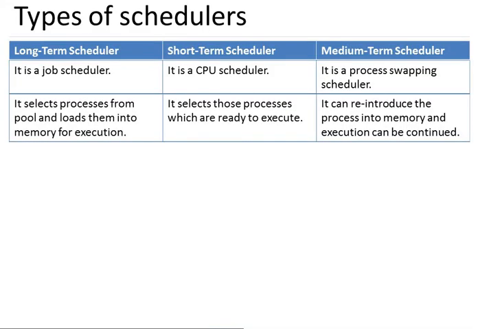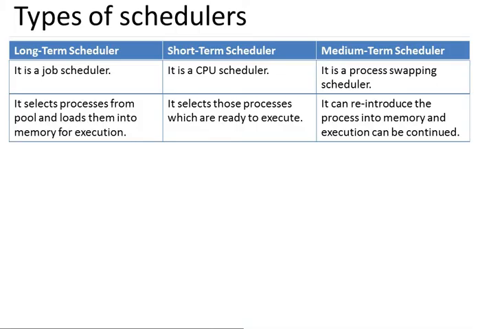After that, it selects a process from a pool and loads it into memory for execution. So this task is performed by the long term scheduler. The short term scheduler selects the processes which are ready to execute, and the medium term scheduler can reintroduce the process into main memory so that execution can be continued.